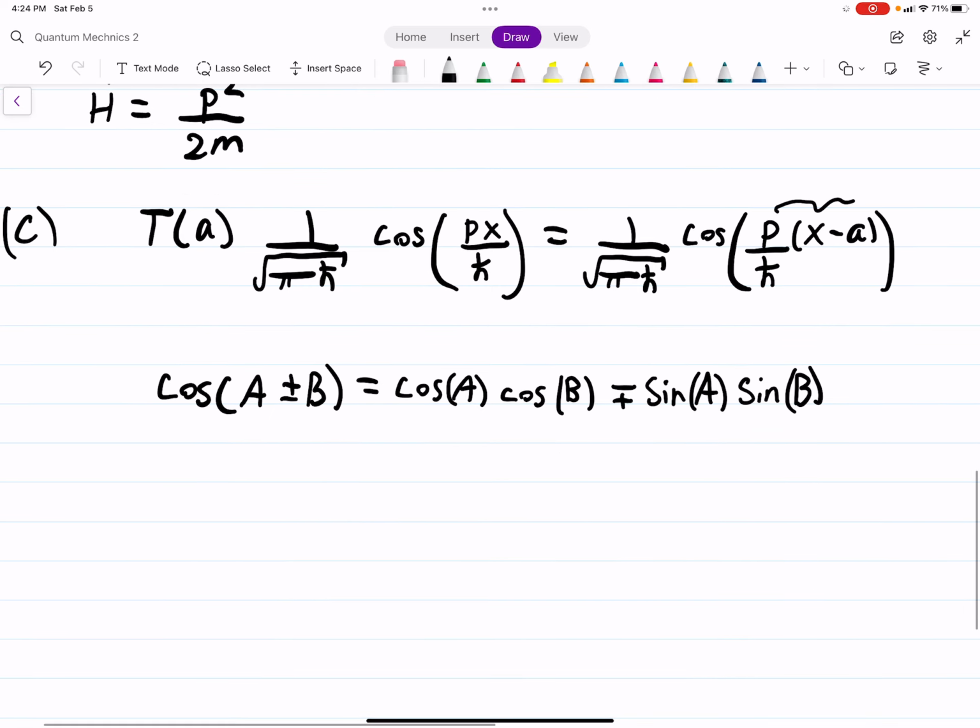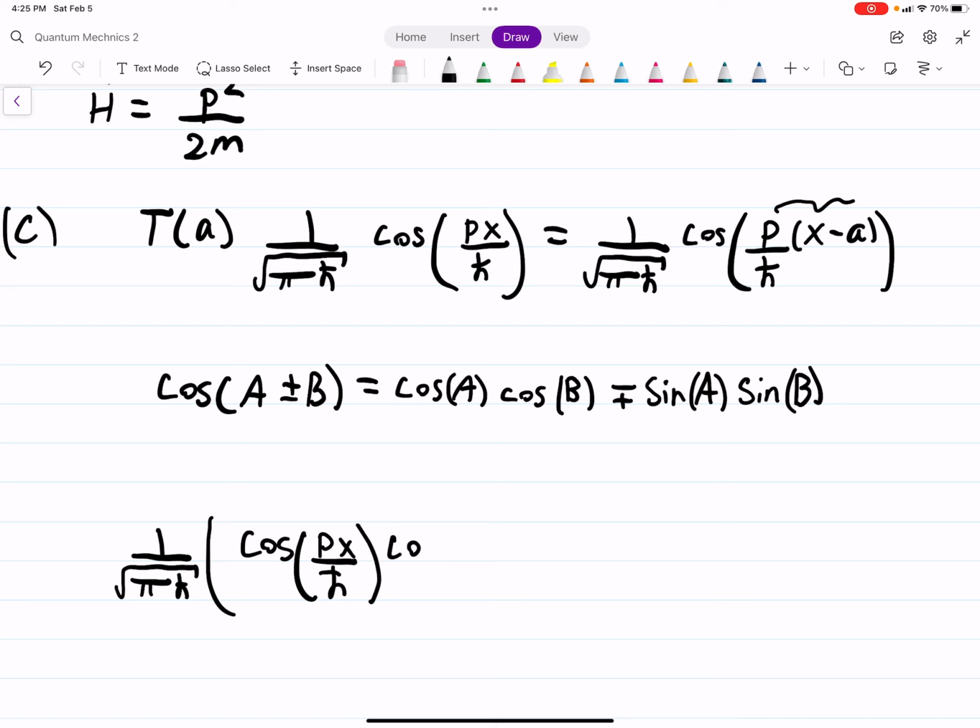You're going to get 1 over the square root of pi h bar, and then you're going to get cosine of just px over h bar, and then cosine of our other term, which would be pa over h bar. And then because there's a minus sign here, we're going to take the positive, and you're going to get sine of exactly the same thing.